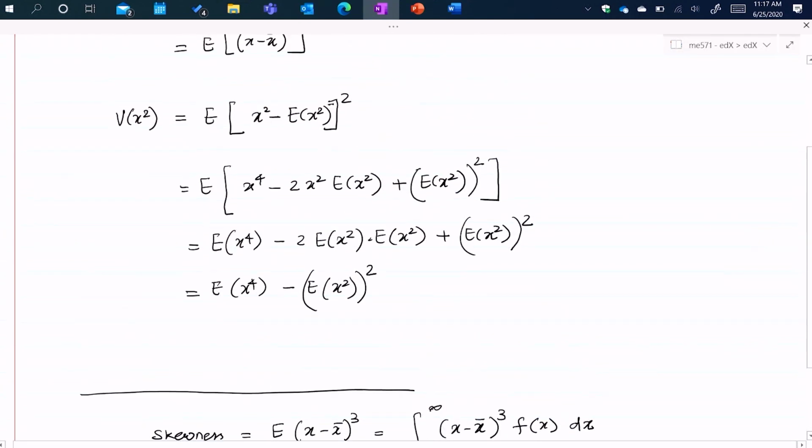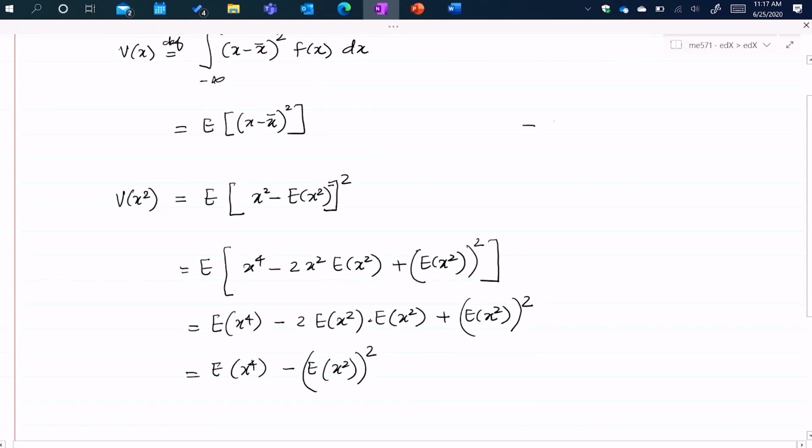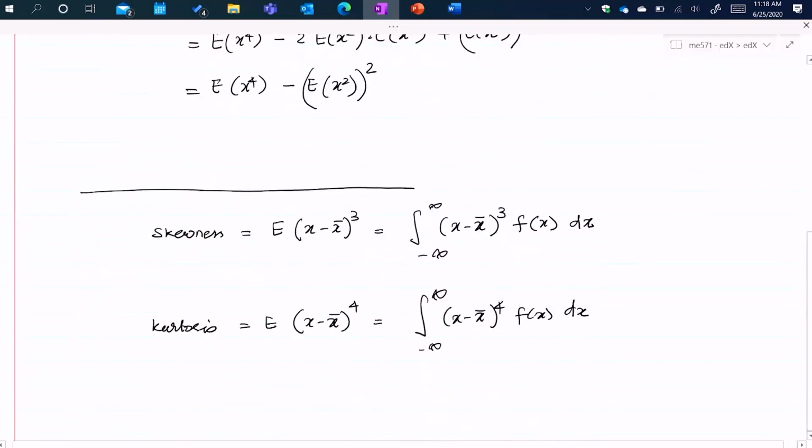So if you think of the mean value, the variance represents the second moment about the mean, the skewness represents the third moment about the mean, and this is the fourth moment about the mean.